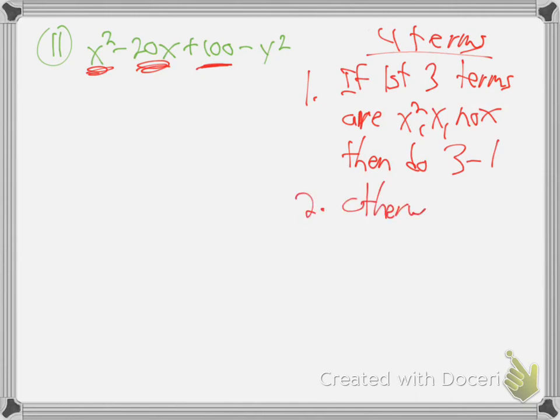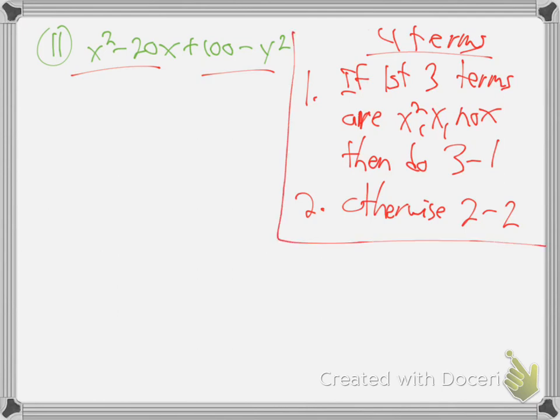Otherwise, do a 2-2. So in other words, instead of doing first two, last two, like we've always done before with four terms, now there's a little more to the story. If the first three are x squared, x, no x, then do a 3-1 instead of a 2-2 split. So I'm going to do a 3-1.